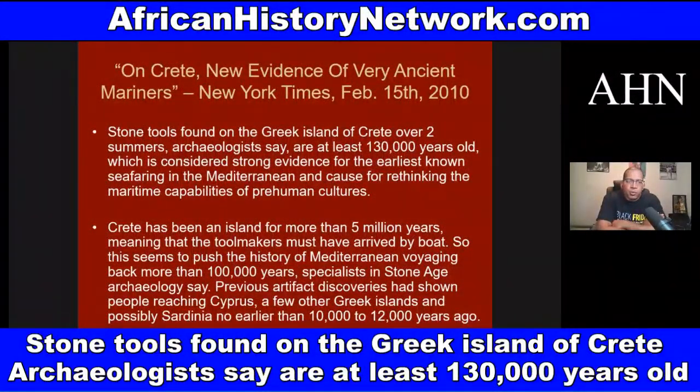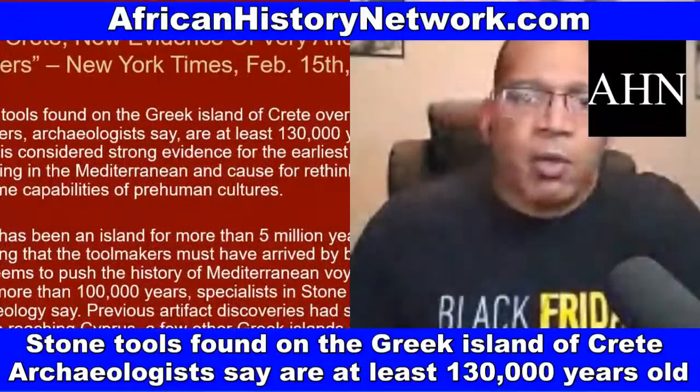So this seems to push the history of Mediterranean voyaging back more than 100,000 years, specialists in stone tool archaeology say. Previous artifact discoveries had shown people reaching Cyprus, a few other Greek islands, and possibly Sardinia no earlier than 10,000 to 12,000 years ago.